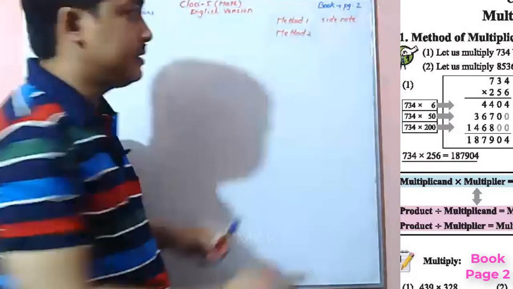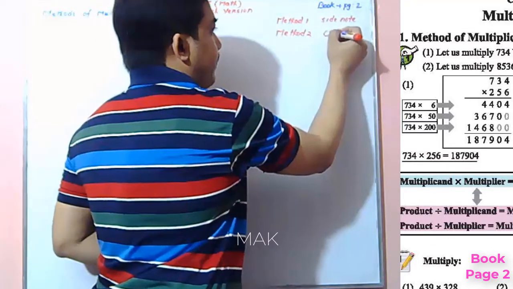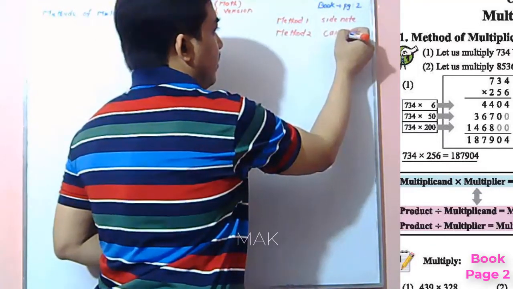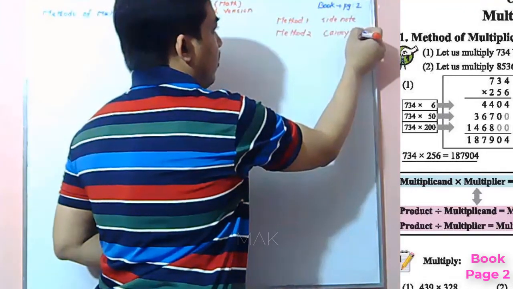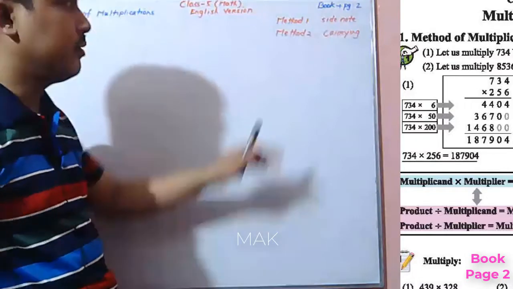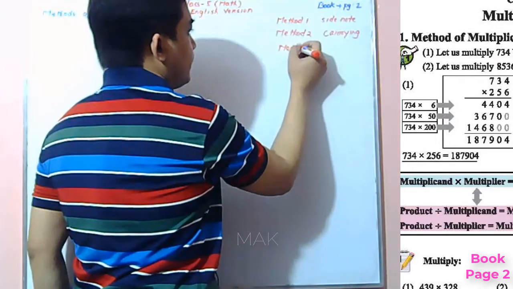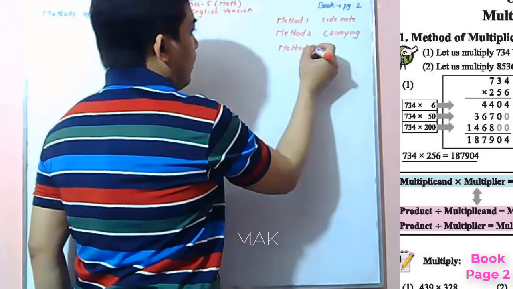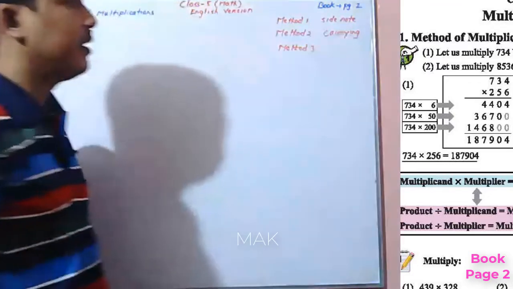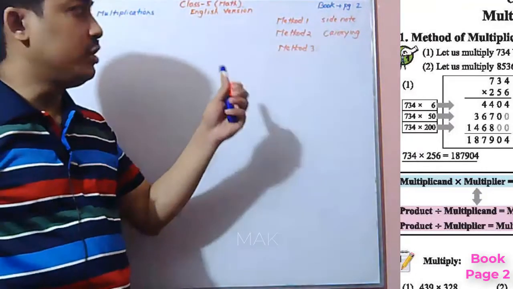Method 2 is the carrying method, carrying on top or carrying in shortcut. Method 3, you can do it by using your fingers.